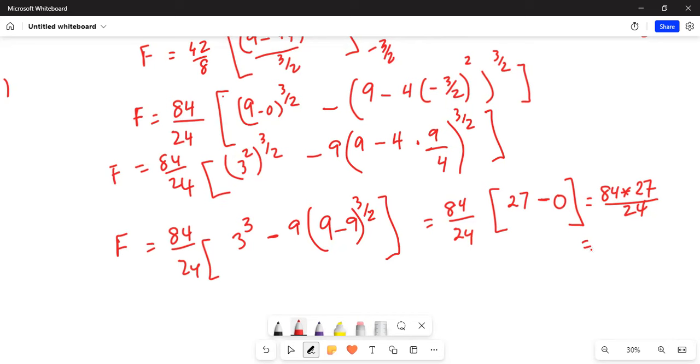So this will be equal to 84 times 27 divided by 24, which is equal to 94.5.